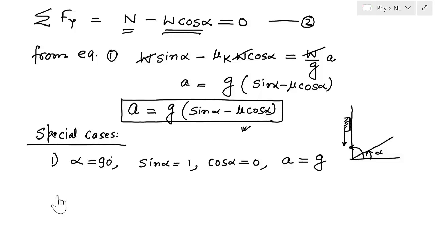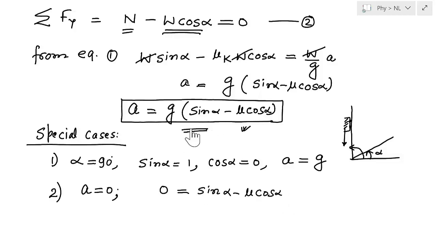Now the second special case, when the acceleration is equal to 0. This means the toboggan will move with a constant velocity. So for that you should have 0 equal to sine alpha minus mu cos alpha. I am simply equating this expression to 0.